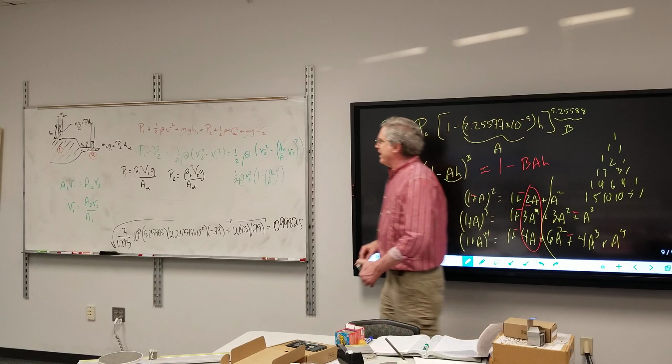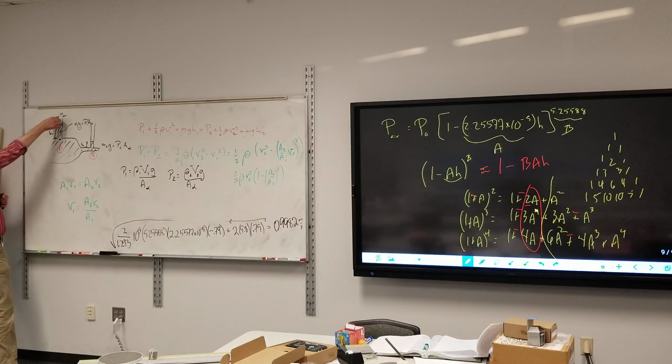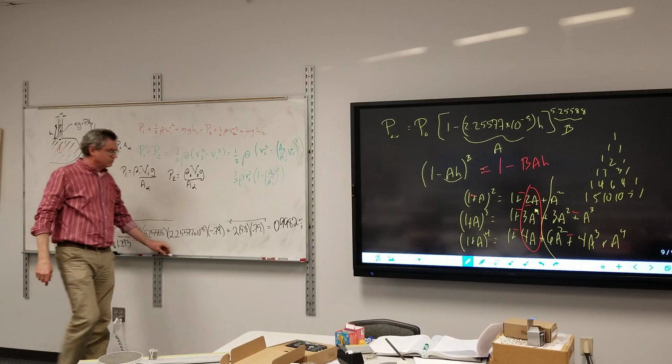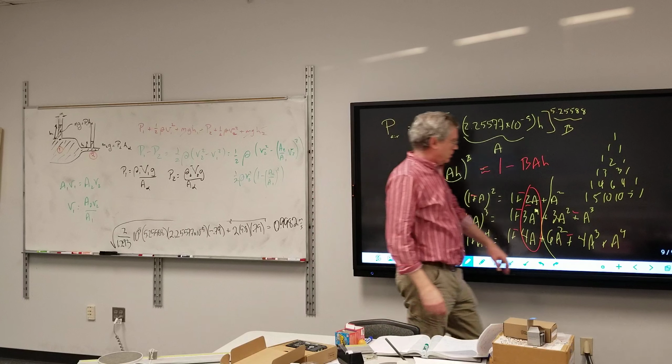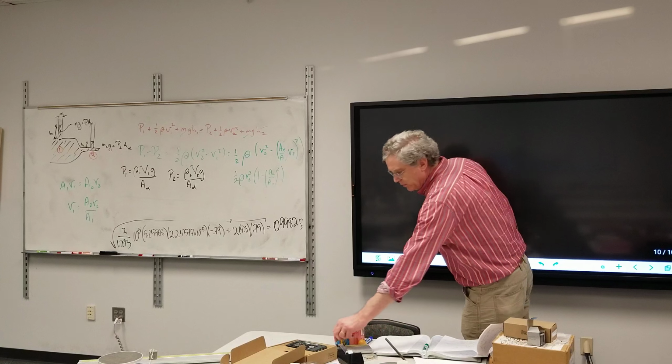The volume divided by A sub alpha, if my cross-sectional area there is A sub alpha, is just this height.